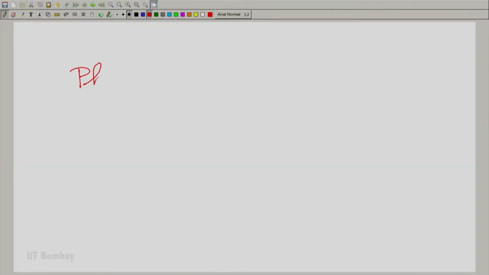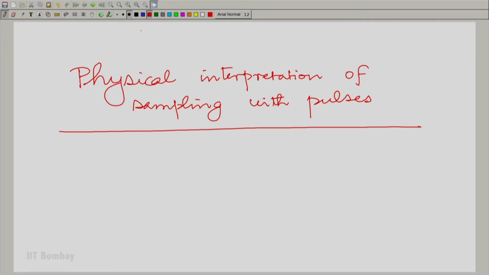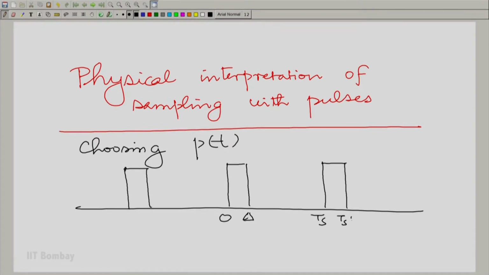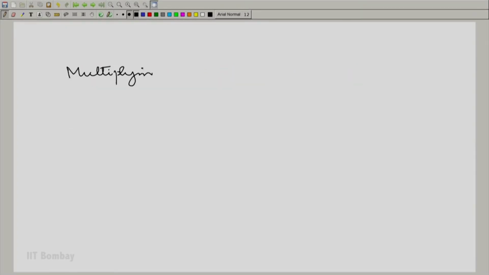Let us give that physical interpretation here. What I mean is, if we choose the periodic waveform p(t) to be the following, with an appropriate height, you could take the height to be 1 by delta if you like. Then what are we really doing? Multiplying x(t) by p(t). So, let us sketch it.